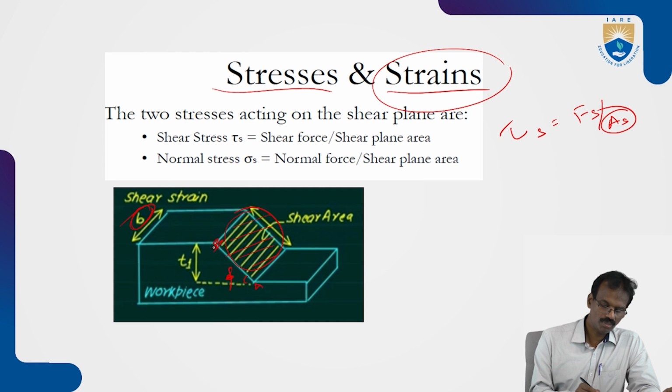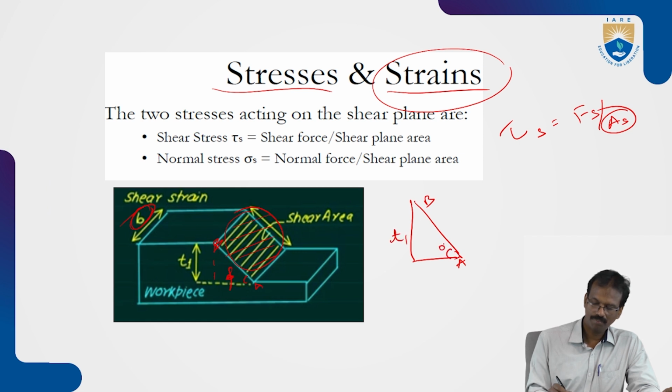For this one, you can take this triangle of AB. Okay, this is T1, this is phi. Then for AB, if you apply sin phi is equal to T1 by hypotenuse AB. Okay, then AB is equal to T1 by sin phi.